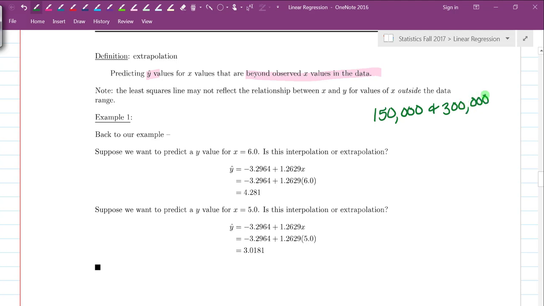So the only cars in my sample had somewhere between that mileage on them, in order for me to develop a regression model used to predict the value of the car when it sold.